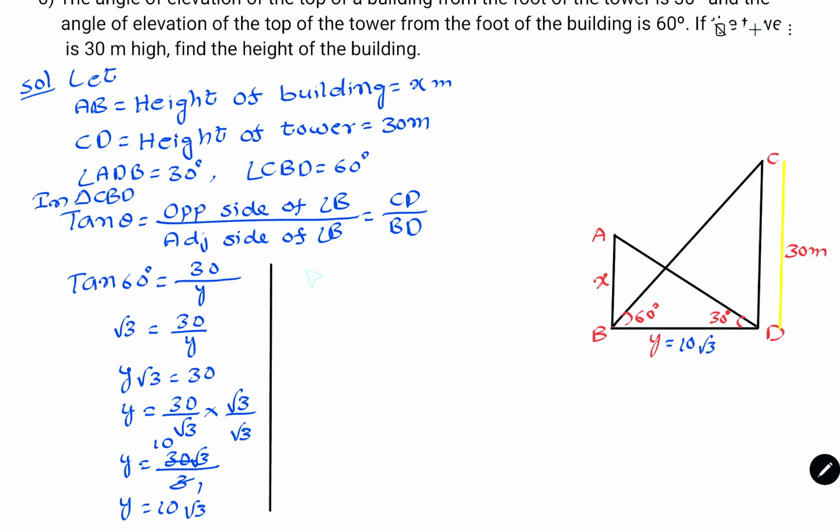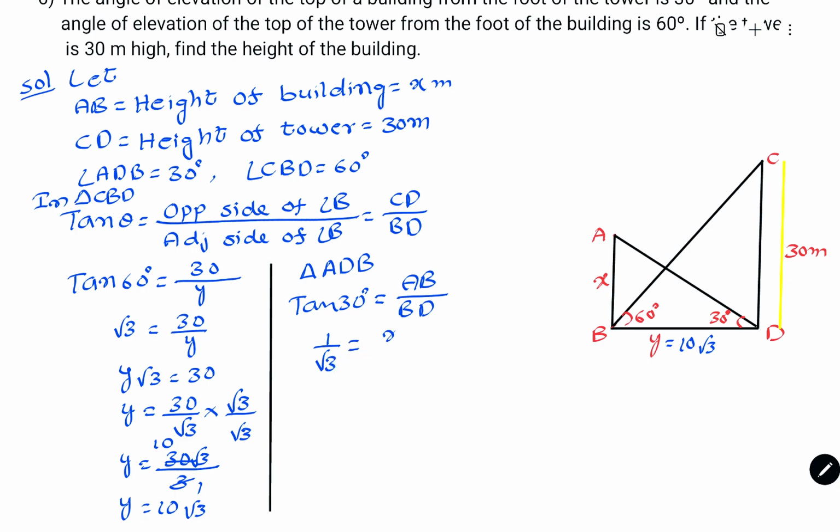Now triangle ABD. In triangle ADB, for the angle 30 degrees we have adjacent side. We need to find the opposite side. So we will use tan ratio. Here theta is 30 degrees. So tan 30 degrees is equal to AB by BD. Here tan 30 is 1 by root 3.